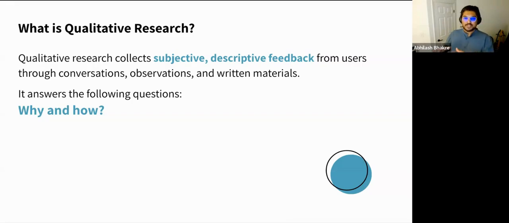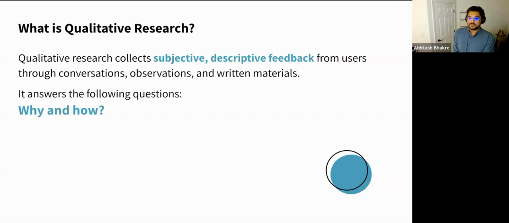So this includes interacting with the user groups, having conversations, observing how they use your application, and written materials. It also answers the questions why and how: why a user does some particular action while using it, and how they do it.